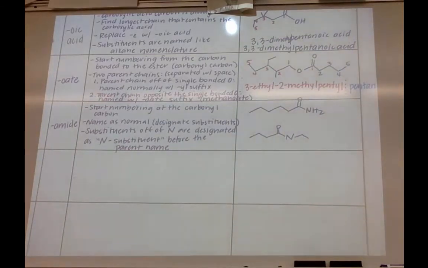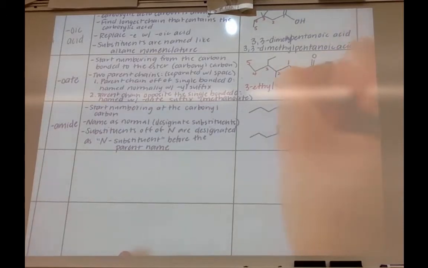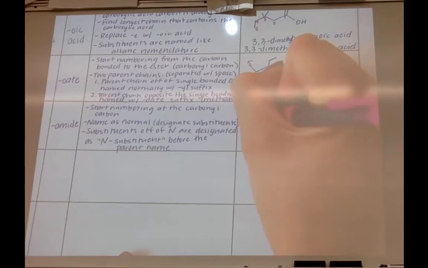So when it comes to numbering, I'm going to look at this top one first. Your numbering always starts at the carbonyl carbon. So 1, 2, 3, 4, 5, 6.